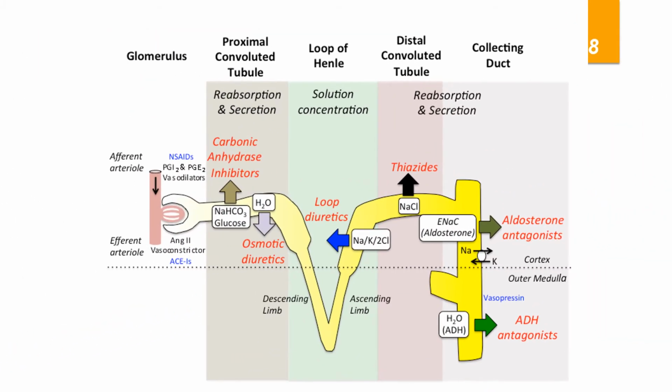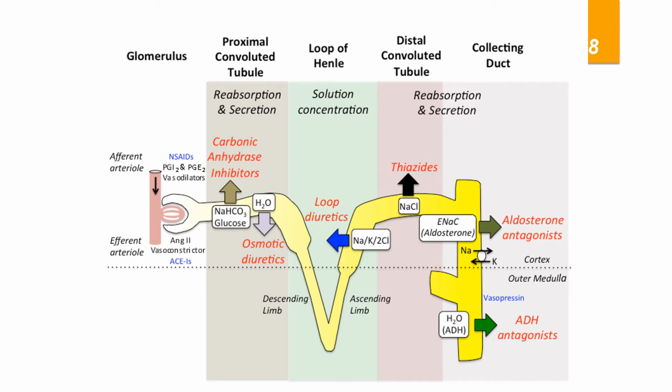Here is the mechanism of action, which includes the glomerulus and the proximal convoluted tubule, in which reabsorption and secretion occur. The carbonic anhydrase inhibitor and the osmotic diuretic work on the proximal convoluted tubule, while the loop diuretic works on the loop of Henle, where there is a sodium potassium chloride pump.